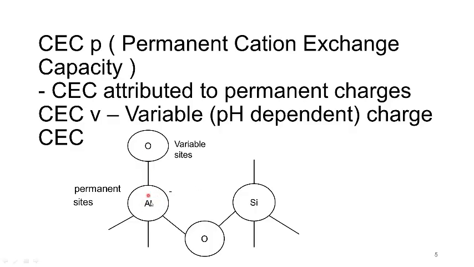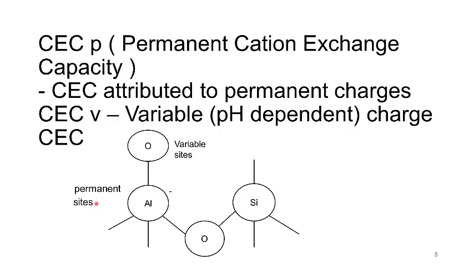So one atom holds 3 oxygens, so it can hold a negative charge, and it acts as a permanent site for the cation exchange capacity. That means the CEC is attributed to the permanent charge.